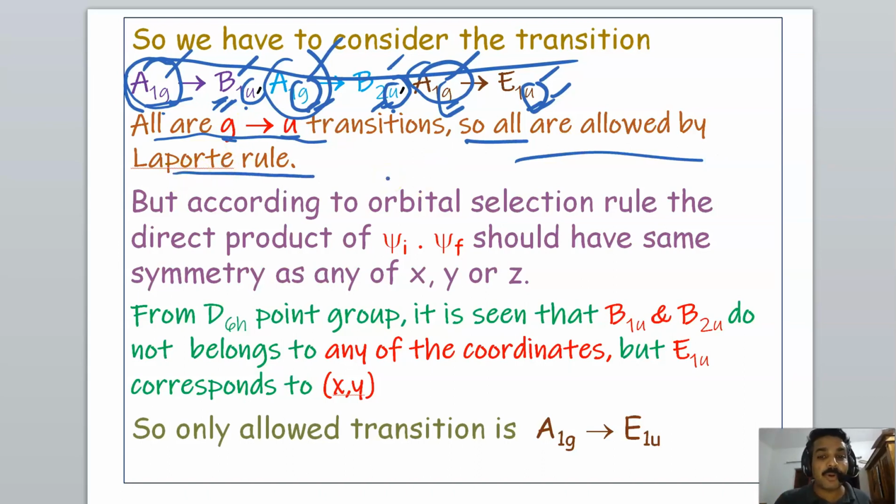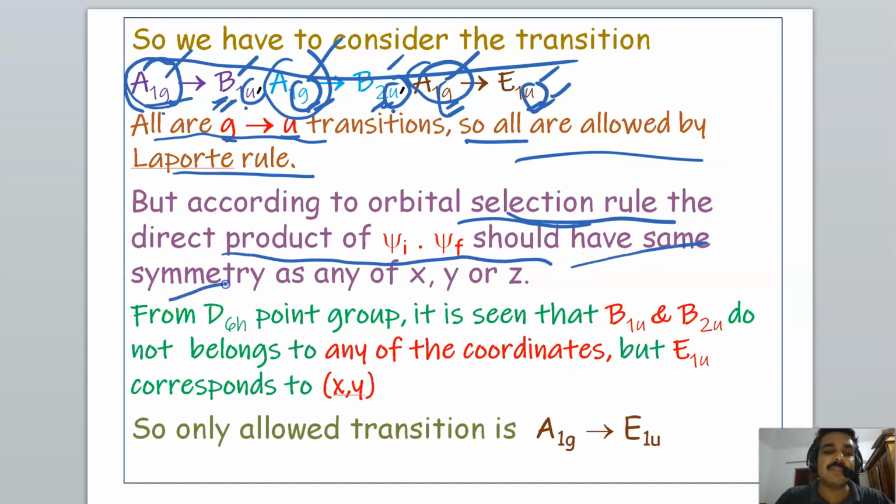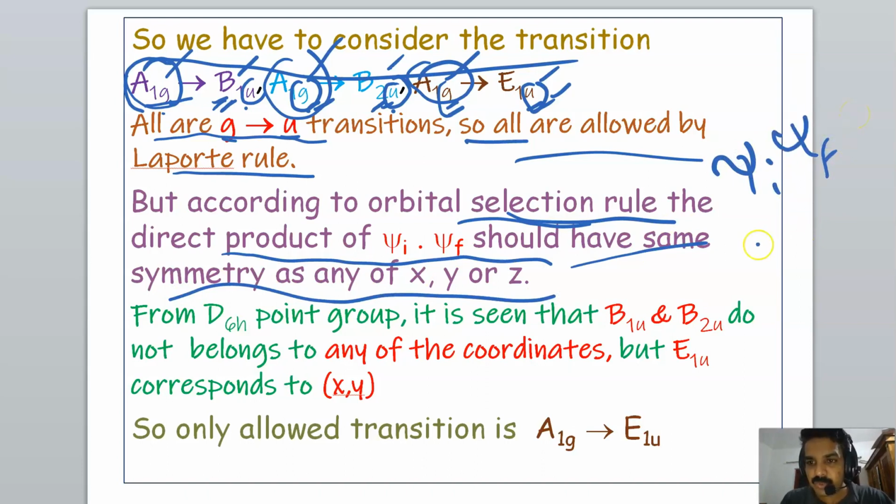But according to the orbital selection rule, the direct product of psi i into psi f should have the same symmetry as any of the X, Y, Z. That is the first selection rule.